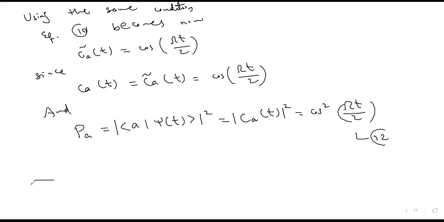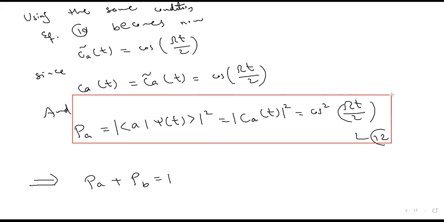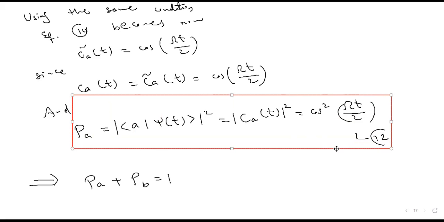And we can also verify that the sum of probabilities yields 1. So this is the required result. Basically we have to calculate probabilities. So that's it from this tutorial, and thank you.